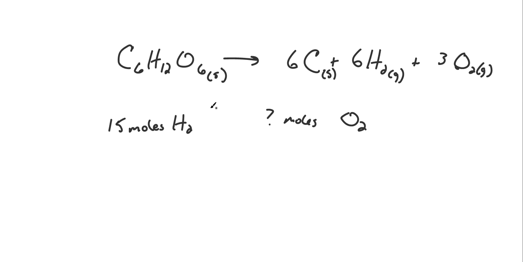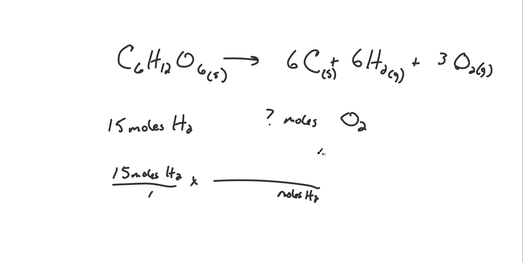So let's start with what we know. We got 15 moles of hydrogen. Put that over 1. And multiply by what we want to get rid of. We want to get rid of moles of hydrogen. We want to get moles of oxygen. And we know from our formula here that 6 moles of hydrogen will also produce 3 moles of oxygen.